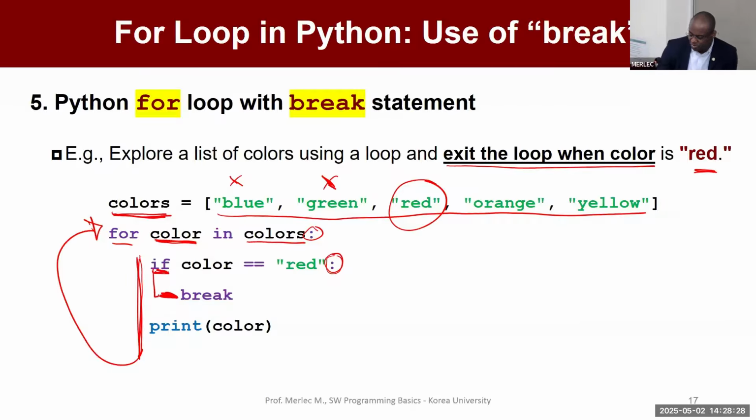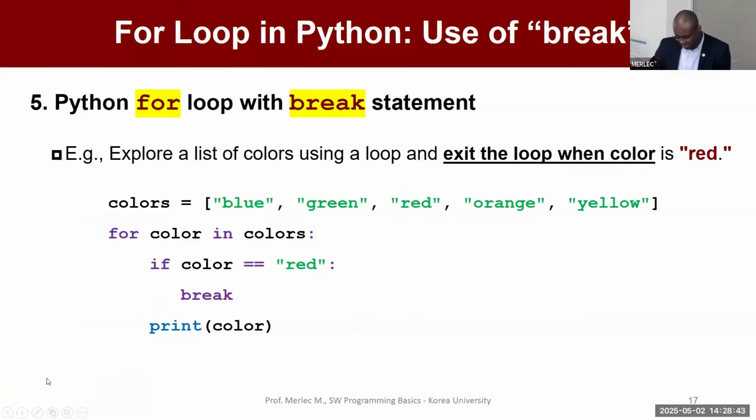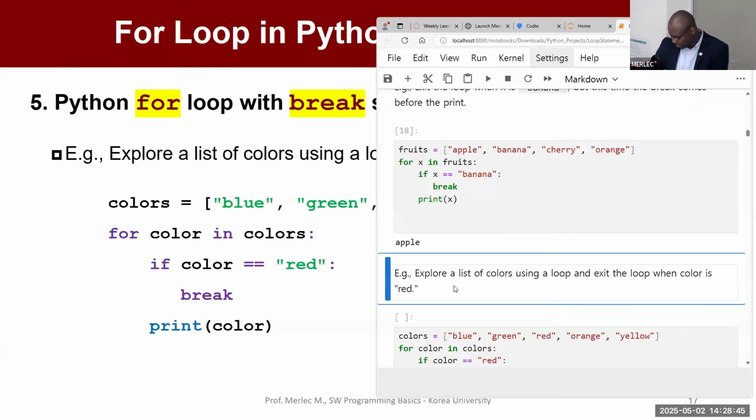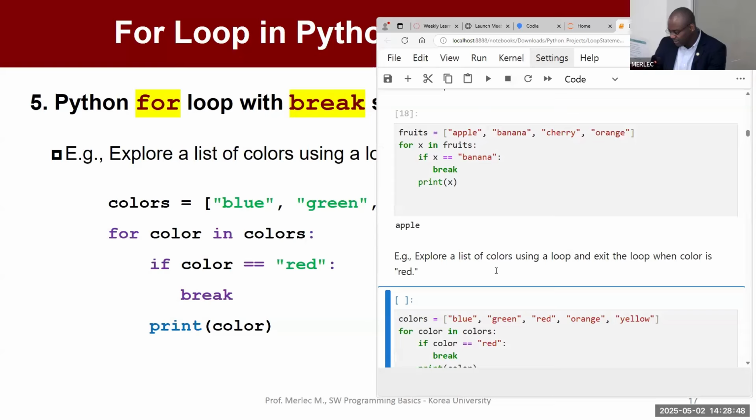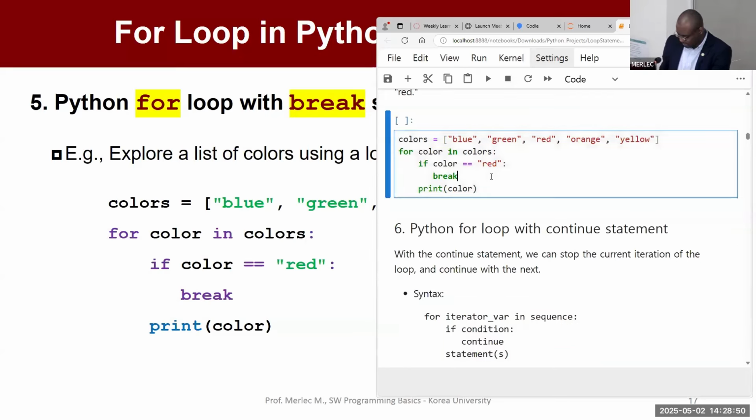Break is a statement which is depending on the if statement. That's why it is indented. If I put break at the same level with if, it will provide an error. So to show you how the code works, I have prepared it here.